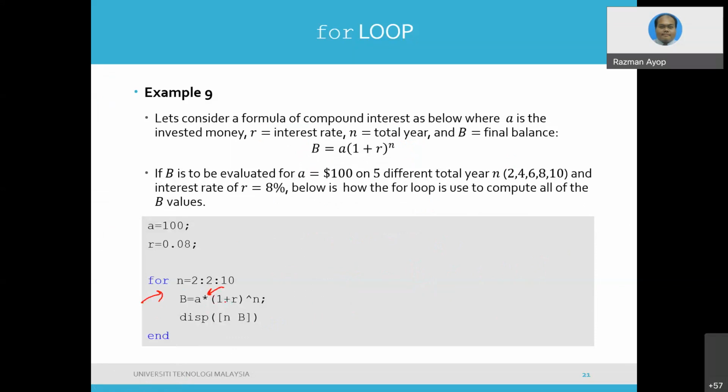It is 1 plus r to the power of n, and then you display the result, n and B. You have to display inside the for loop because you have multiple results, for each of the years. After you run this, you will get the answer directly.